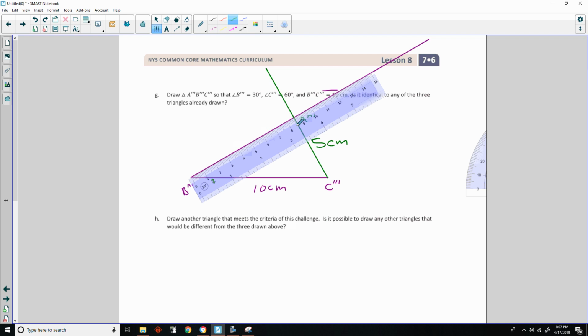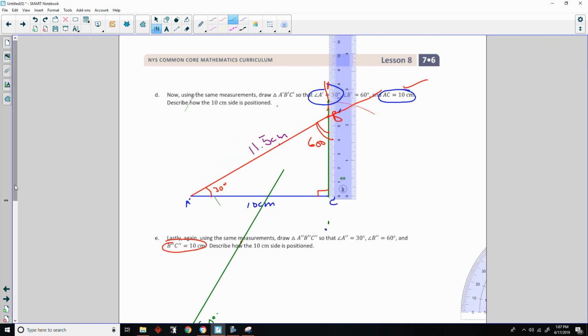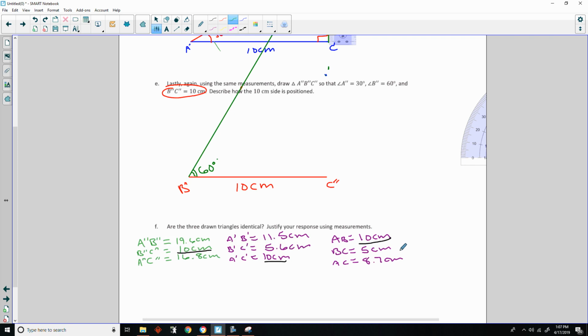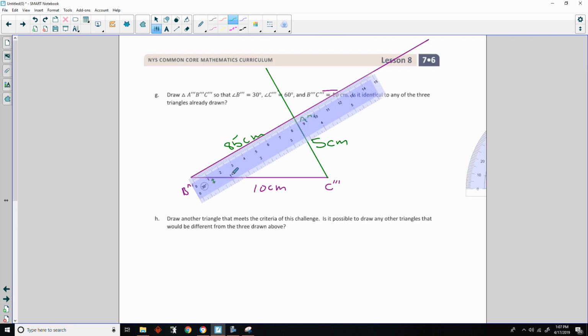And it's 8.5, it looks like, centimeters. I may be off a little. So if I go back, 5, 10, 8.7, I think I remembered 8.7. So that's probably 8.7 if I were more accurate.